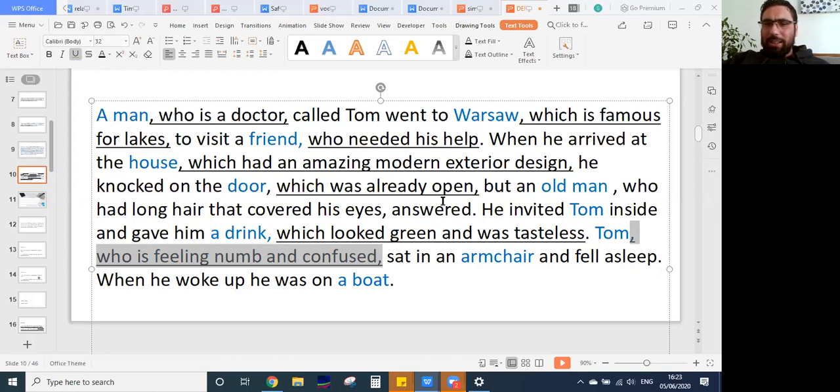Who was feeling quite sleepy. Who was feeling restless. But then we have restless and then we have fell asleep. So I think restless and then fell asleep is a bit of a clash.